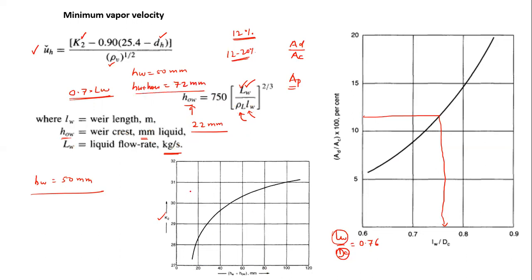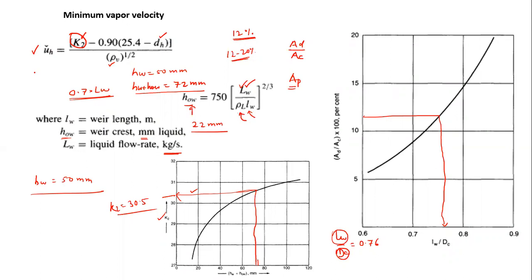Now from this graph, HW plus HOW around 72 mm, let's go up, go left. You will get K2. There is K2 here. Let's say K2 equal to 30.5.